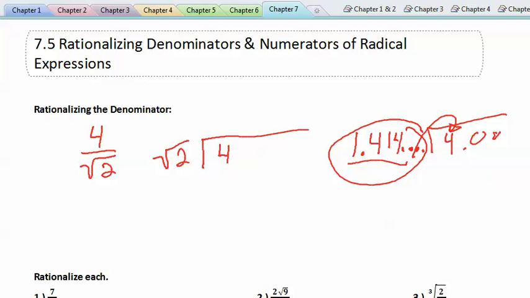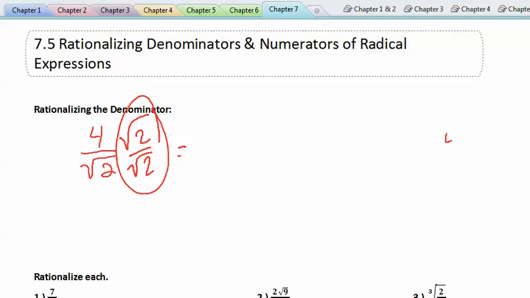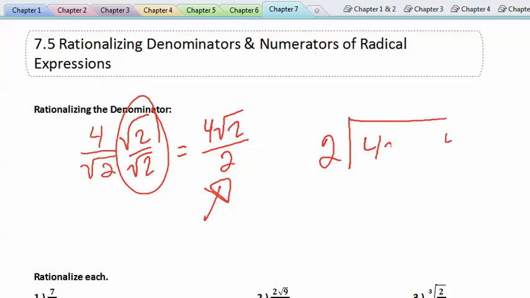So what rationalizing the denominator does is we're going to multiply by square root of 2. And this is really 1, so it doesn't change anything. So it's 4 square root of 2 over 2. Now this actually reduces, but it's because now the 2 is on the outside, where the 4 square root of 2 is underneath.